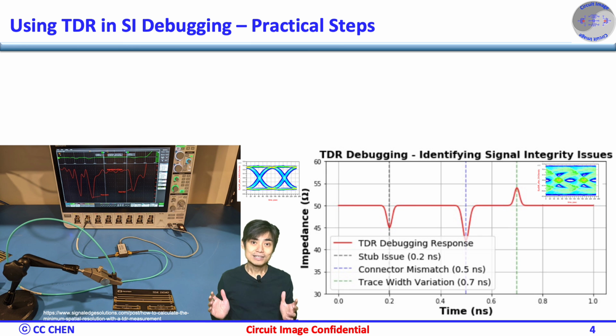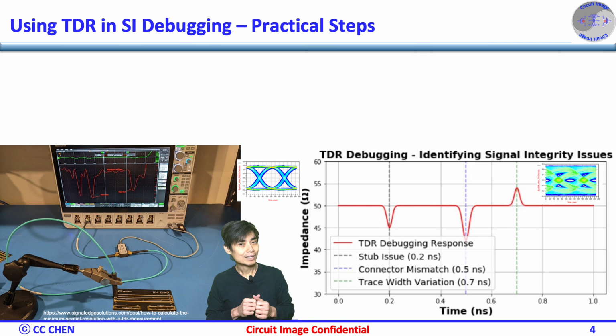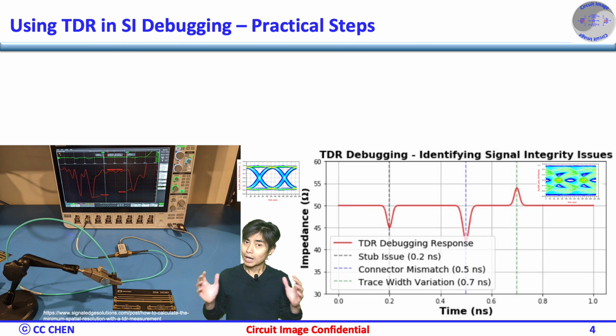If you see a sudden impedance drop, it could be a stub or connector issue. If there's a gradual change, it might be a trace width variation. Compare the TDR trace with layout files to correlate physical structures. Check for package parasitics, connectors, and PCB stack-up mismatches. Use TDR to verify SI before and after rework to confirm the fix.